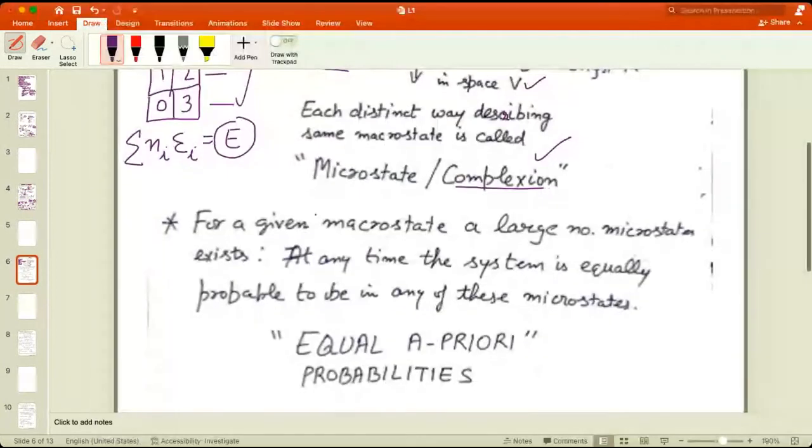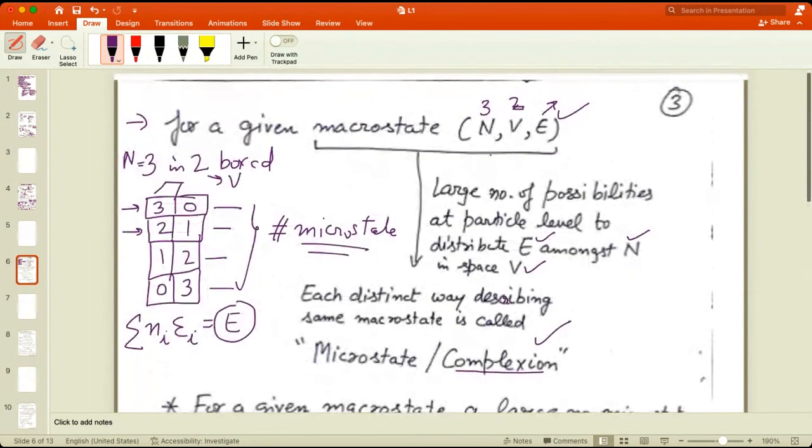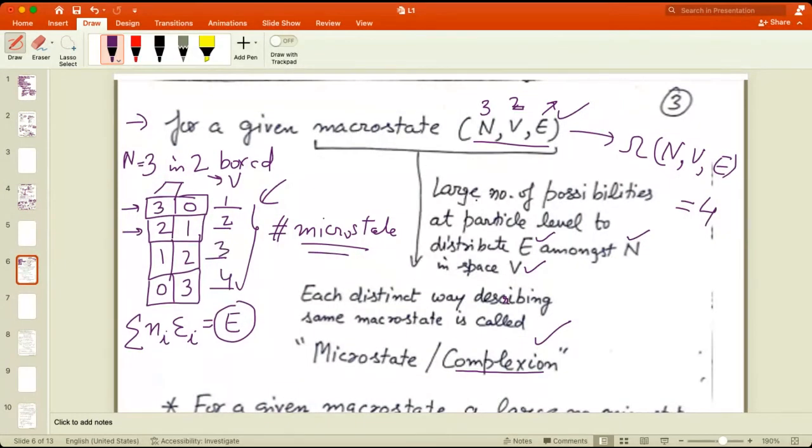Although this is a concept from your lower class, right? Okay, so this is also an important aspect, because for a given macrostate, which is NVE, there is a large number of microstates. This number of microstates is usually represented by the symbol capital omega, omega of NVE. For example, this was equal to 4 for this example, because there are only 4 microstates here.